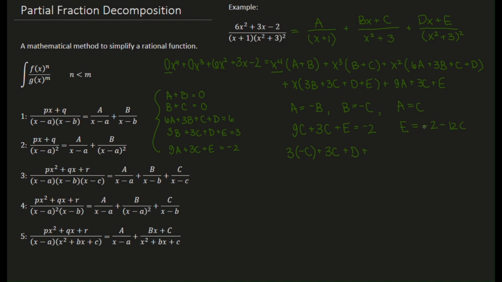So plus e becomes -2 minus 12c, and that equals 3, using this fourth one here. This simplifies to d equals 5 plus 12c.